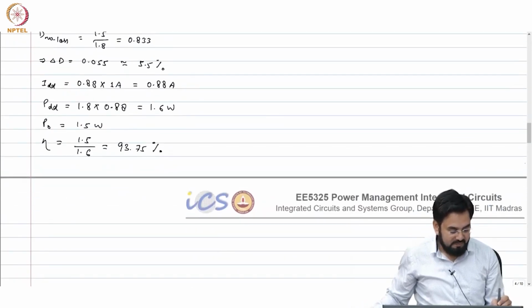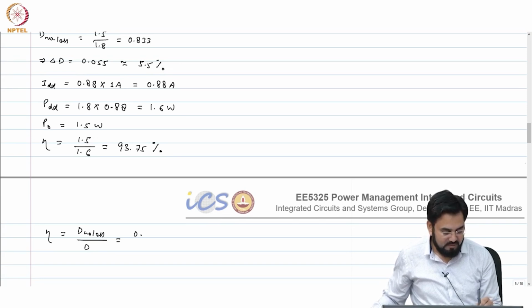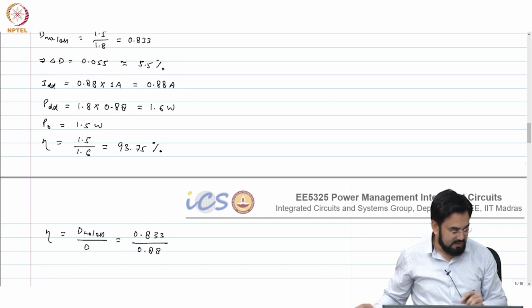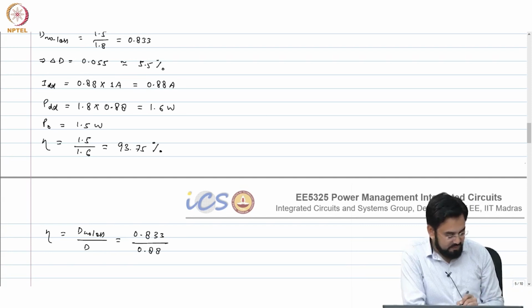Now, from D no loss over D, 0.833 over 0.88. How much is this? 94.6.